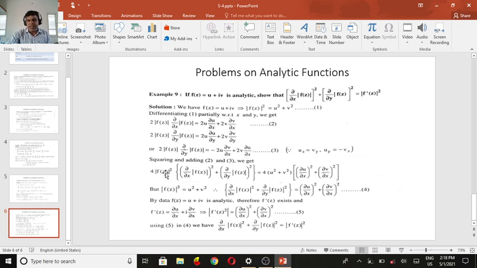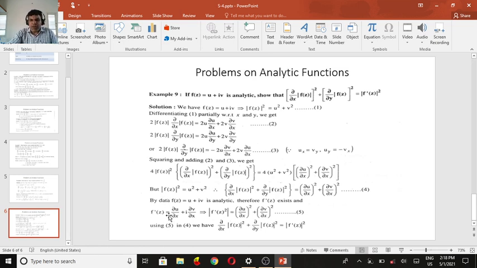So squaring and adding 2 and 3, we get 4 times mod f(z) whole squared (∂/∂x of f(z)) whole squared plus 4 times mod f(z) whole squared (∂/∂y of f(z)) whole squared is equal to, on the right-hand side, 4u squared plus 4v squared. Taking 4 as common, (u squared plus v squared) times (∂u/∂x whole squared plus ∂v/∂x whole squared).